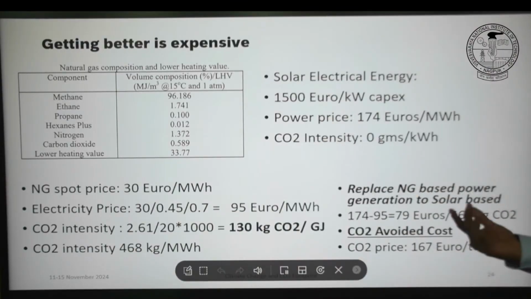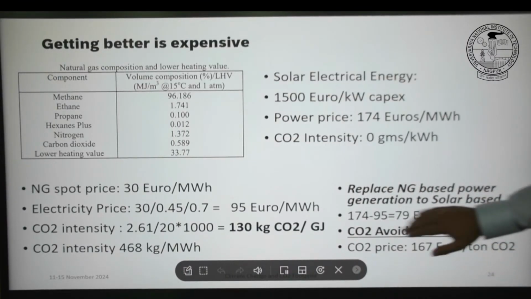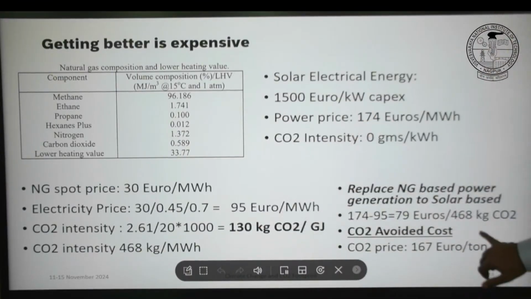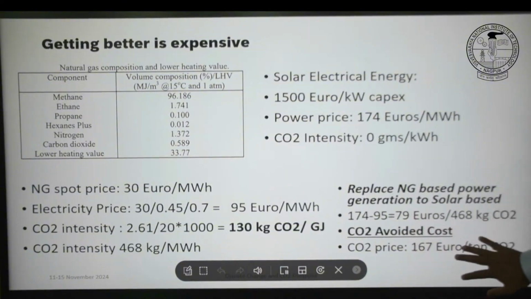For this it's 0 because we are not using any fuel which has carbon or which results into any CO2 emission. So going from this to this, we avoided 470 kg of CO2, but we have to pay 79 euro. So that's my CO2 avoidance cost, somewhere around 167 euro per ton.